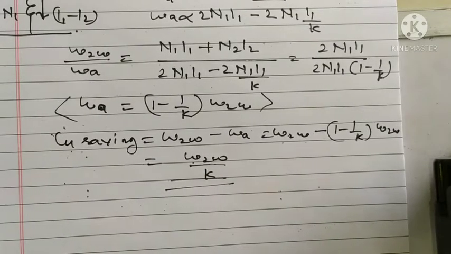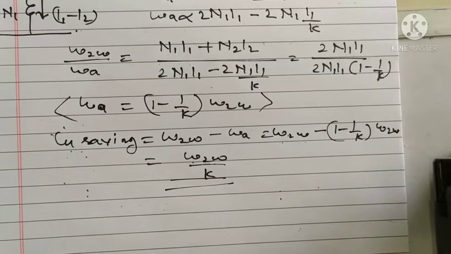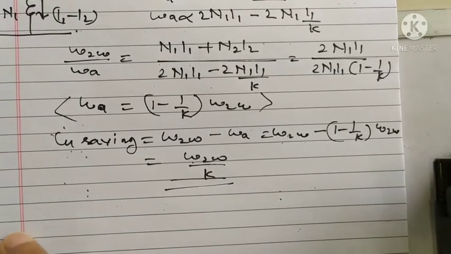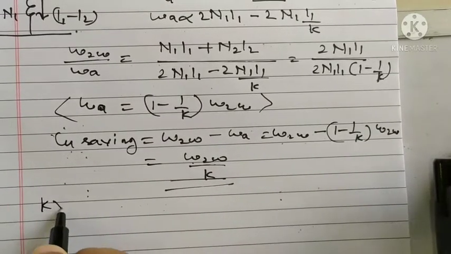This is how we can find the copper used in autotransformer, which is less than that of a two winding transformer. Let us see now the kVA rating of autotransformer.